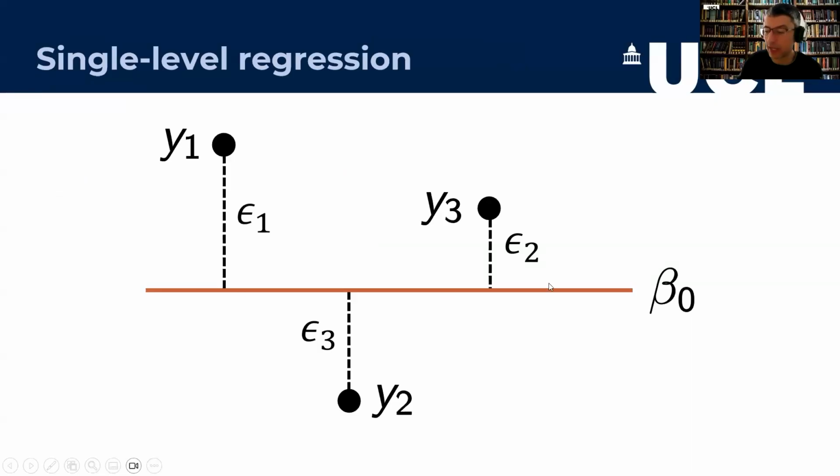If we see it on a graph here, we would have the average observed across all three dots, and the residuals would tell us how far away each of these observed y's is from the average, beta 0. So this regression line would be the one that minimizes the distances between yi and the straight line.